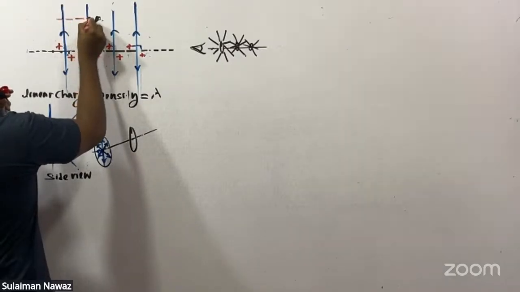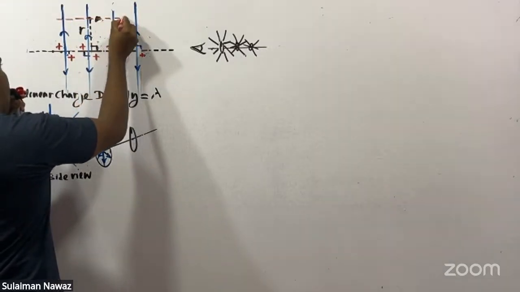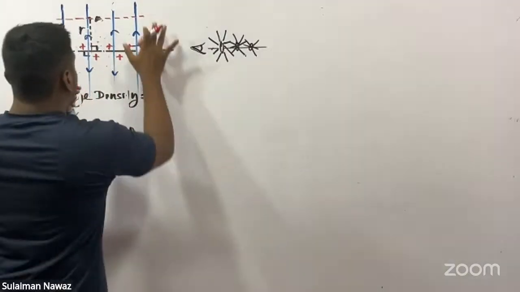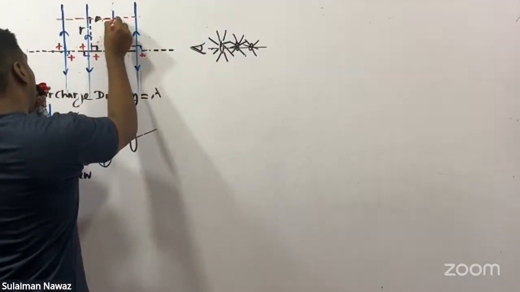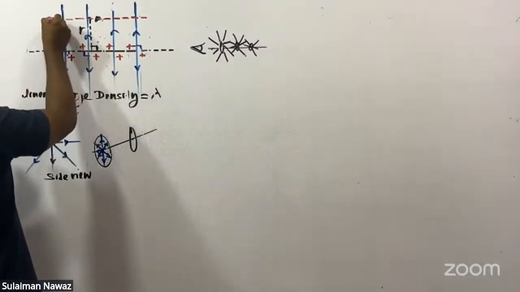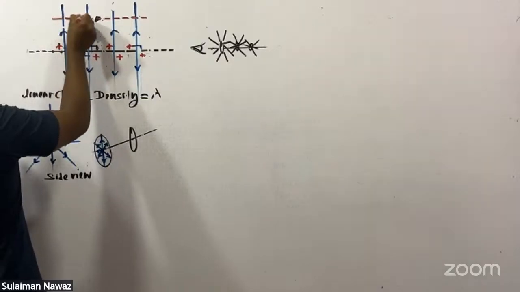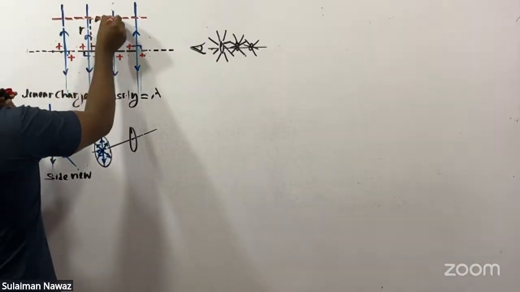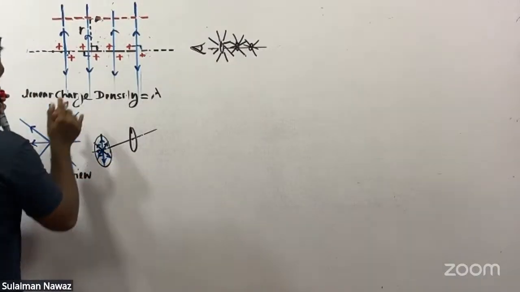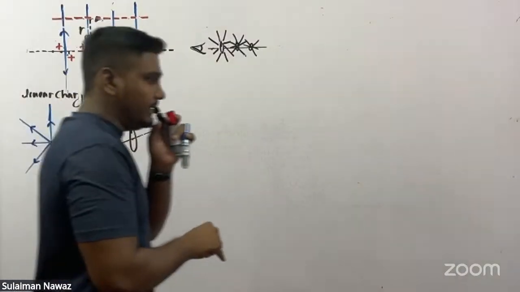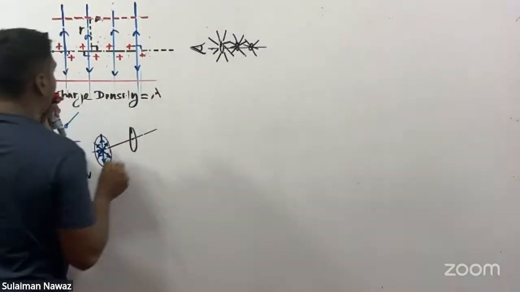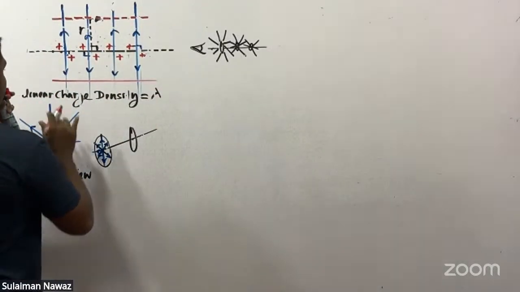Look here, point capital A must be on my Gaussian surface, and the Gaussian surface must be cylindrical. Just think, why should it be cylindrical? Just try to think.